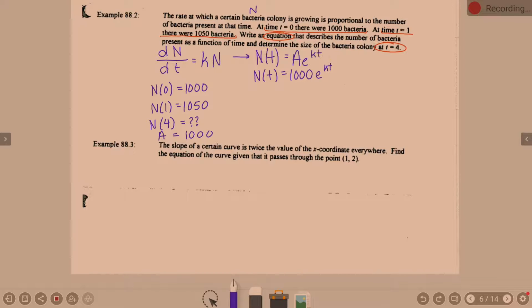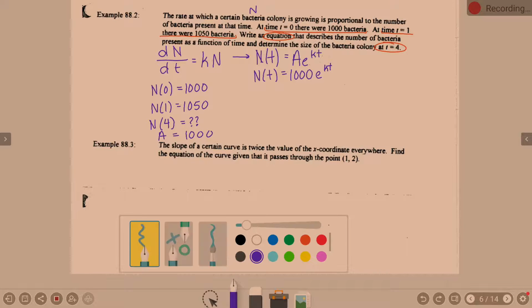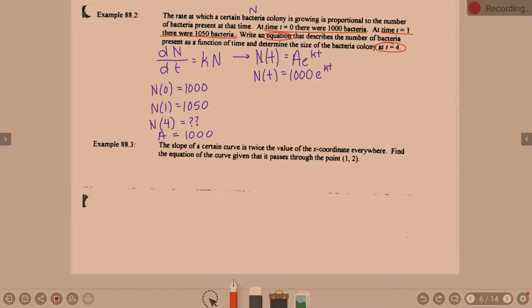Well, at some point you take a natural log. So we plug in, if we're trying to find k, we have to plug in a time and the amount at that time.